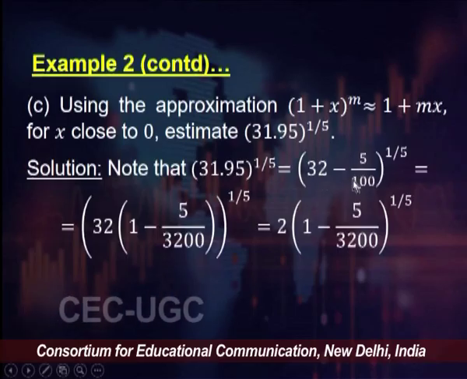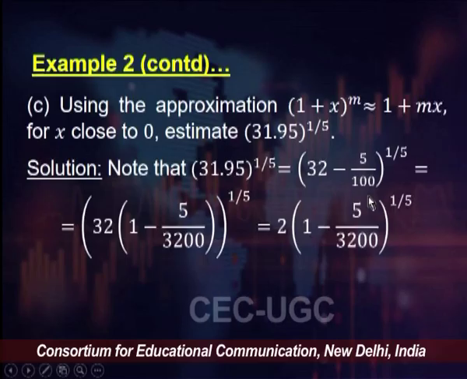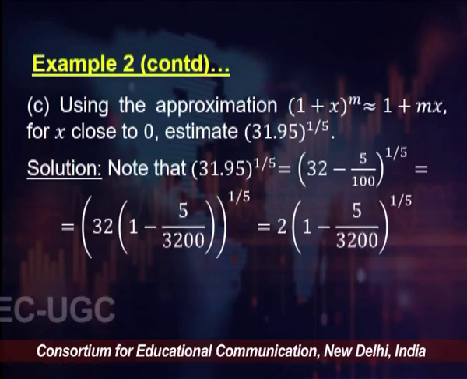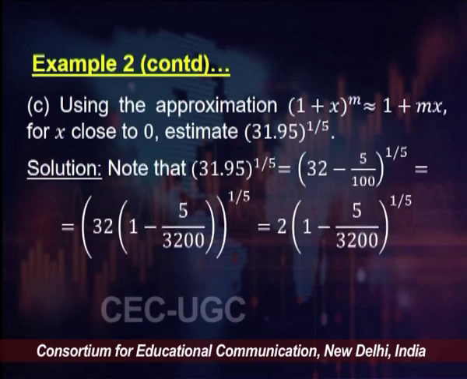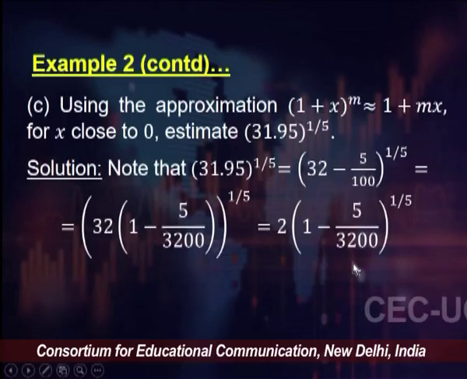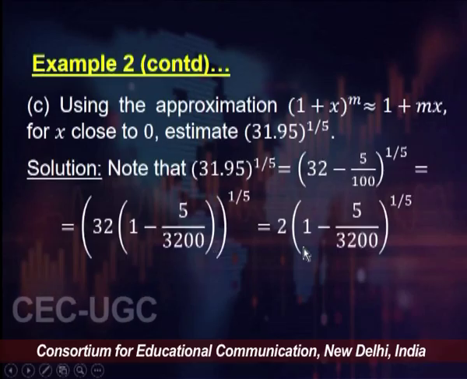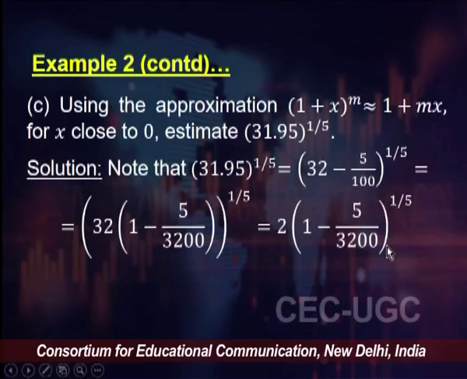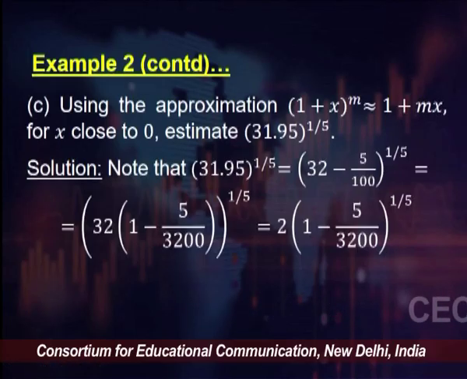So, I have 32 minus 5 by 100 raised to the power 1 by 5, and here I can take 32 common. So, I get 32 times 1 minus 5 by 3200, the whole thing to the power 1 by 5. I can take 32 to the power 1 by 5 out of the brackets and write this as 2 times 1 minus 5 by 3200 to the power 1 by 5.